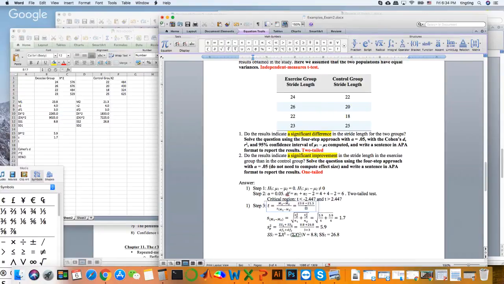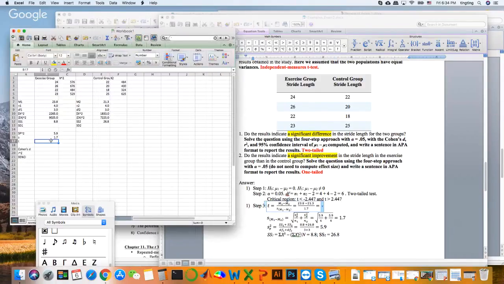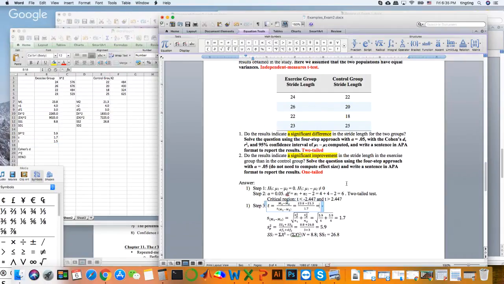We know this one, so put it back into the formula. Do the computation: this one minus this one, in parentheses, divided by s, which is 1.5.